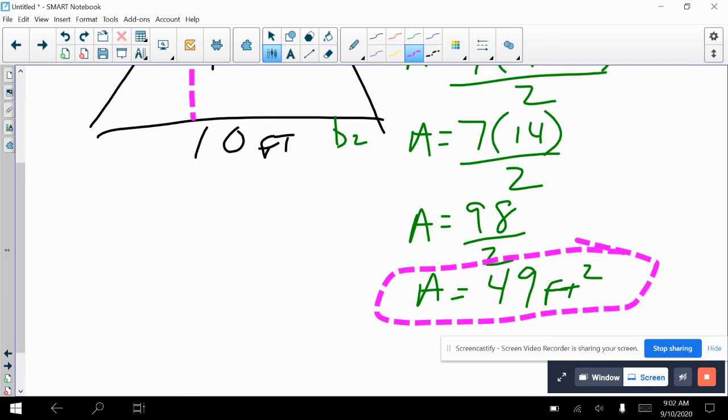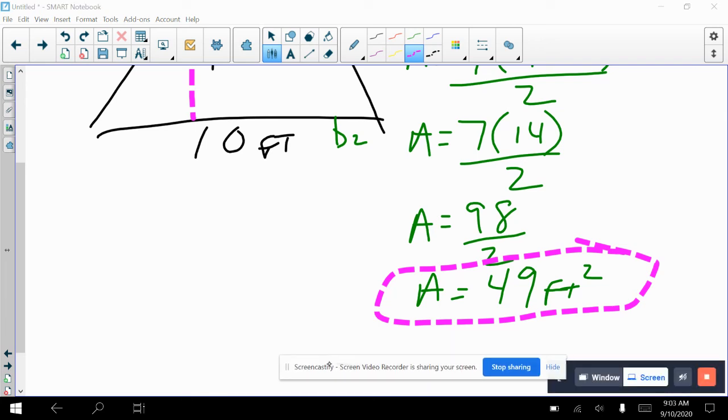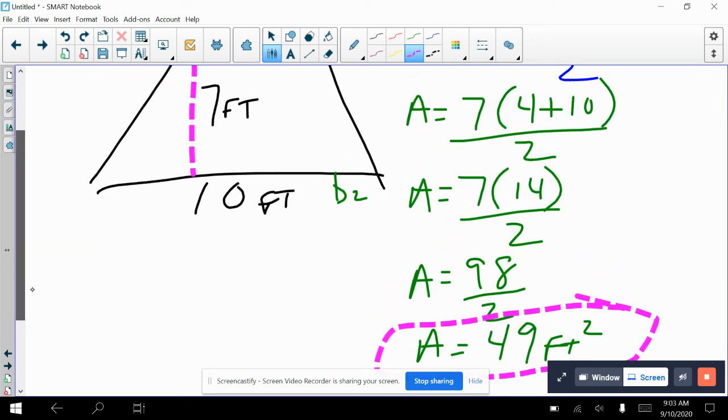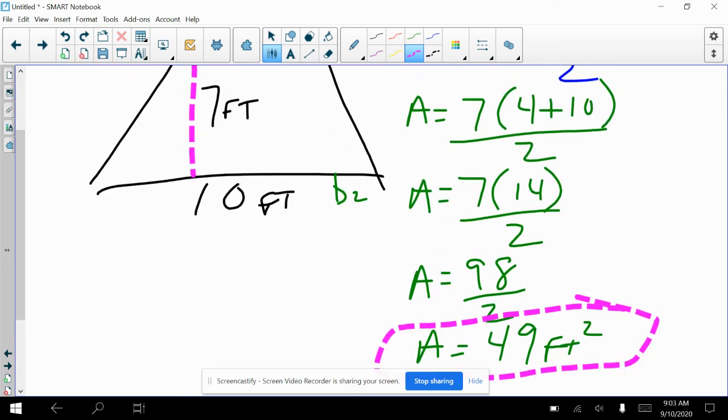The label is important here. Okay, again, you're just plugging in numbers in the formula and solving using the order of operation. It's truly that simple.